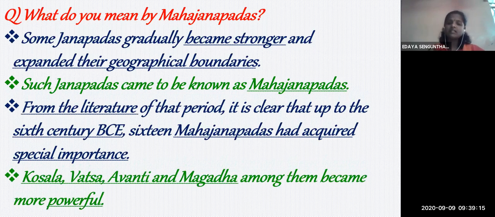There were many Mahajanapadas, but the most important ones we are going to learn. Out of them, 4 were more powerful. They are Kosala, Vatsa, Avanti and Magadha. Again I am repeating, Kosala, Vatsa, Avanti and Magadha became more powerful.